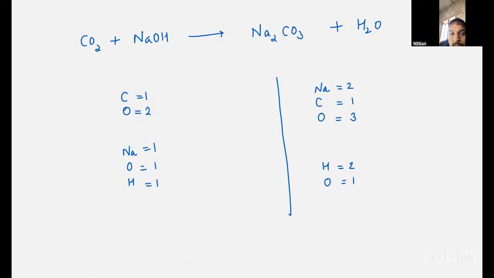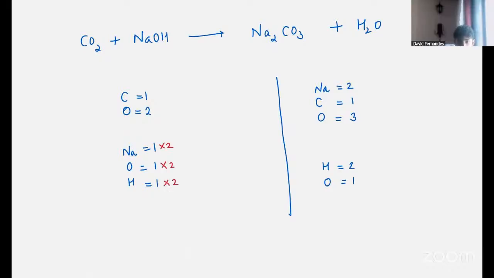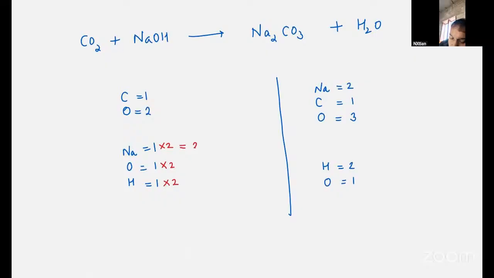Now here Na is how much? 2. And here Na is 1, so what will I do? Multiply it by 2 because they are in a compound. So it will become 2, 2 and 2. Did you understand? So now this Na is basically complete. Yes, Jashwan.